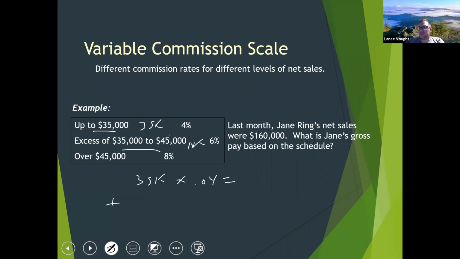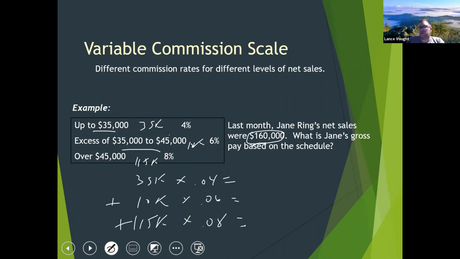She's exceeded that. So it's going to be 10,000 times 0.06 plus the difference between how much she actually sold in 45,000. So 160,000 minus 45,000 is 115,000 at the 8%, so 115K times 0.08.